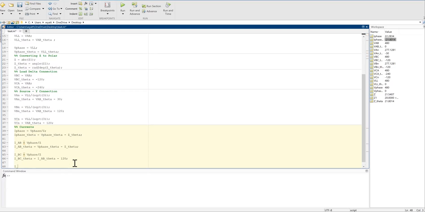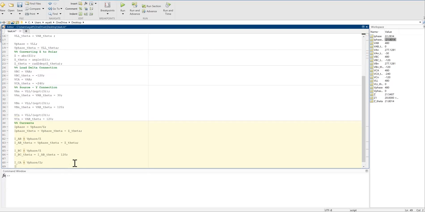So now we get our ICA. That's going to be equal to V phase divided by Z, as done before. I will say magnitude. ICA theta is going to be the same as before, except we're shifting by an additional 120.